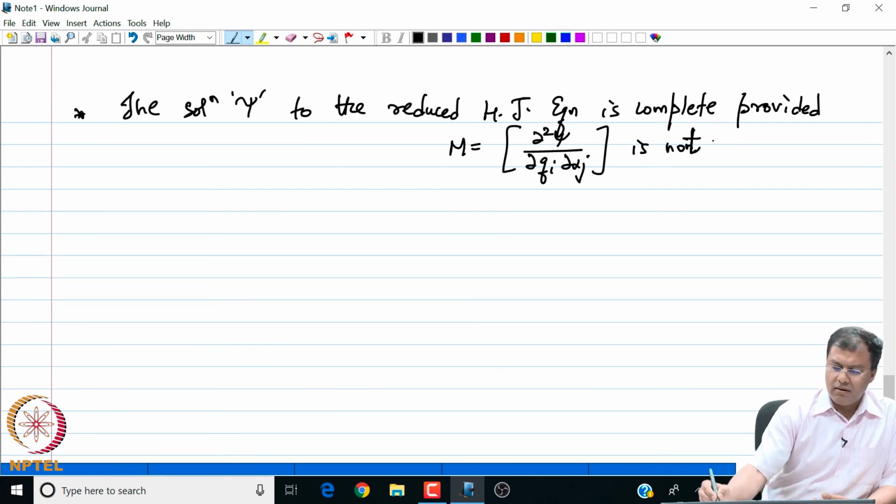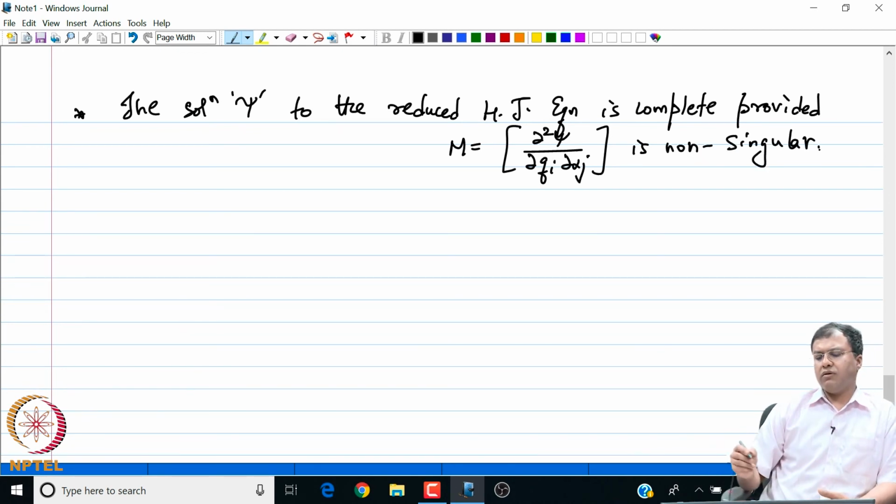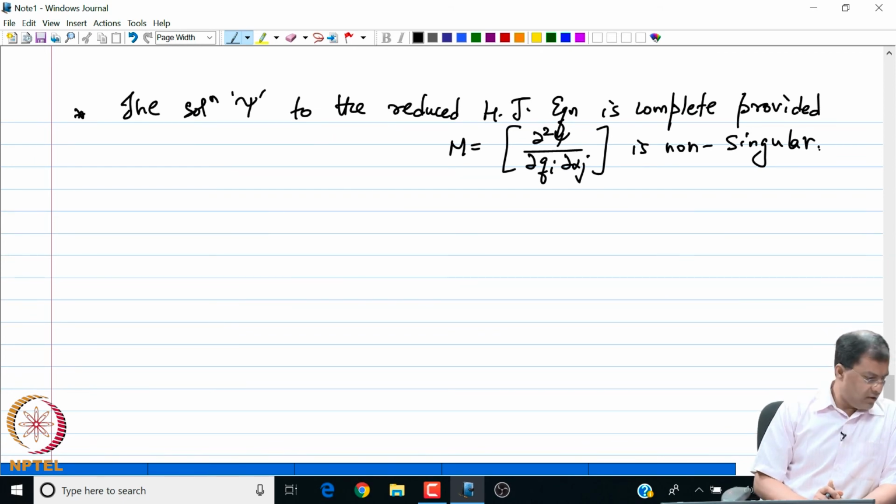The same idea that we had shown for the general class of solution to the general class of Hamilton-Jacobi equation.